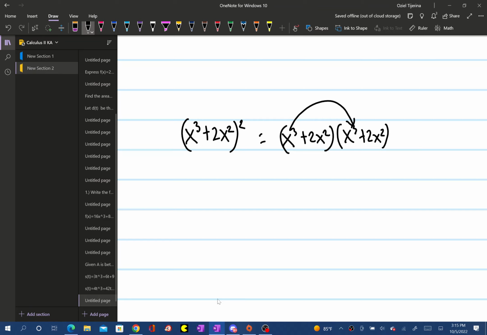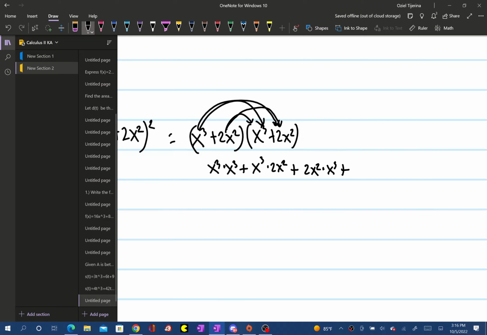So we're going to do x cubed times x cubed, plus x cubed times 2x squared, plus 2x squared times x cubed, plus 4x to the 5th. This is x to the 6th plus 2x to the 5th plus 2x to the 5th plus 4x to the 5th.